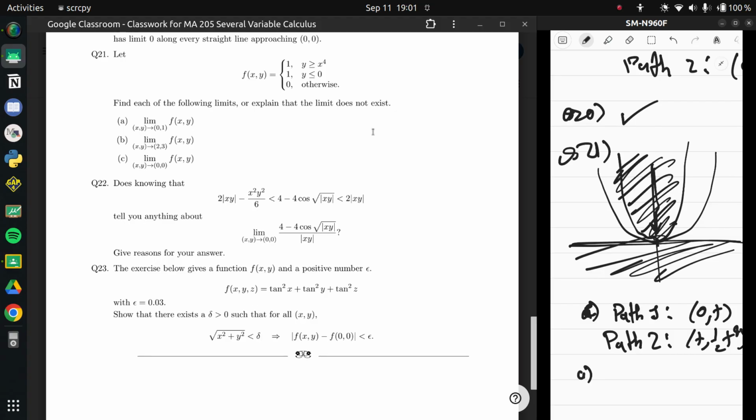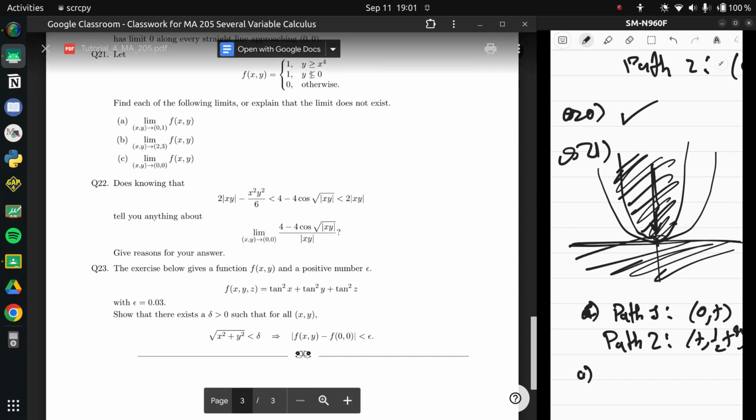So in which region would it lie? I mean, clearly, y cannot be less than or equal to 0 if it's tending to 1, and y is necessarily bigger than x power 4. So it's strictly lying in the y bigger than or equal to x power 4 region, right? 0, 1 is this point. What does that mean? It's 1.